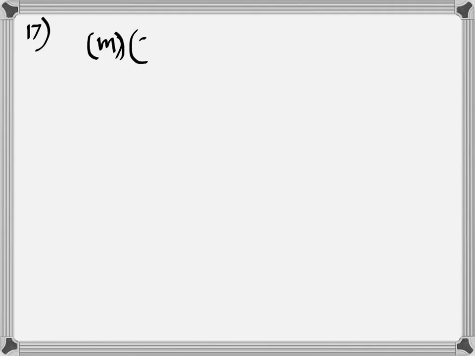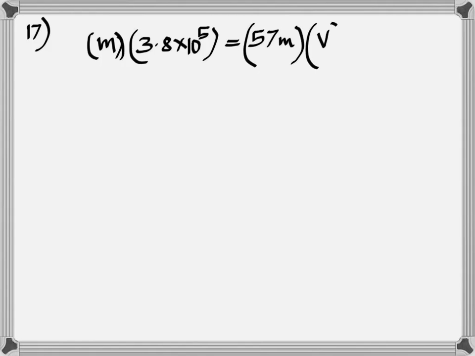And in question 17, the alpha particle comes out of the atomic nucleus, and you're asked to find the speed. If the mass of the alpha particle is taken as m, the question says that the nucleus has a mass 57 times greater.